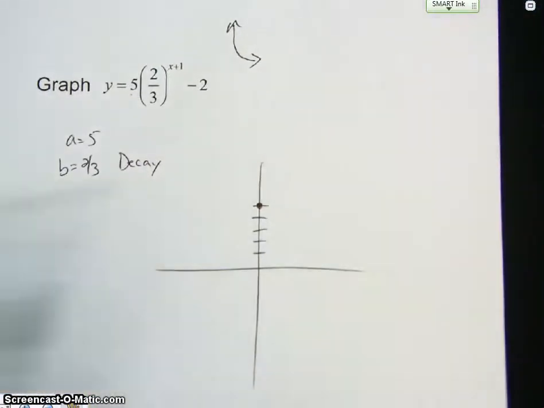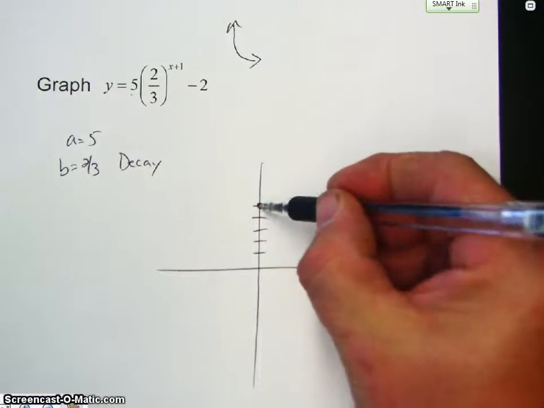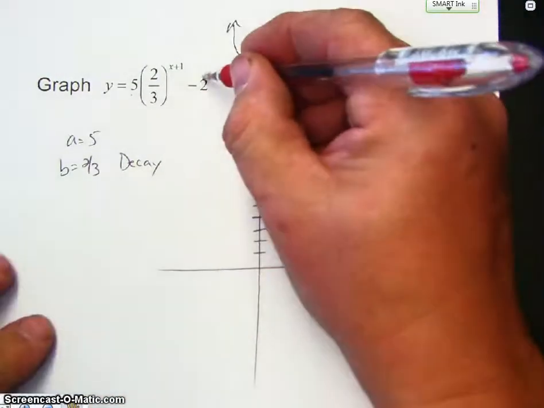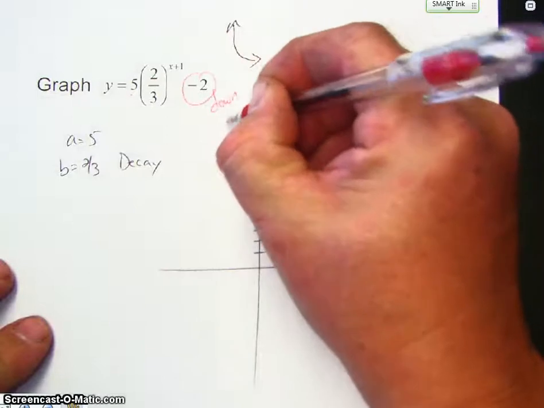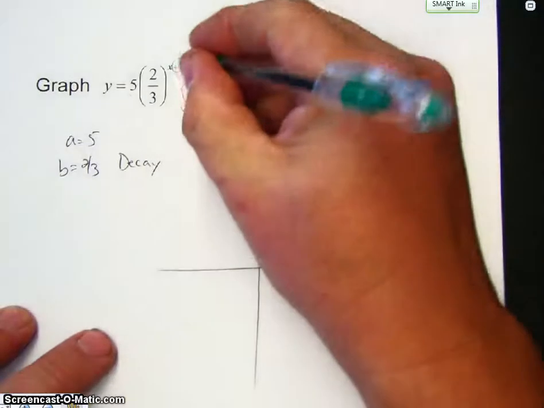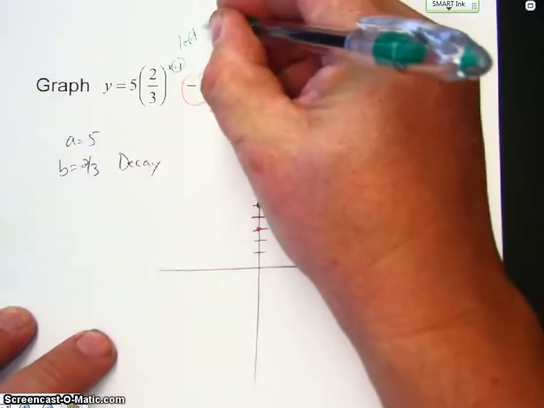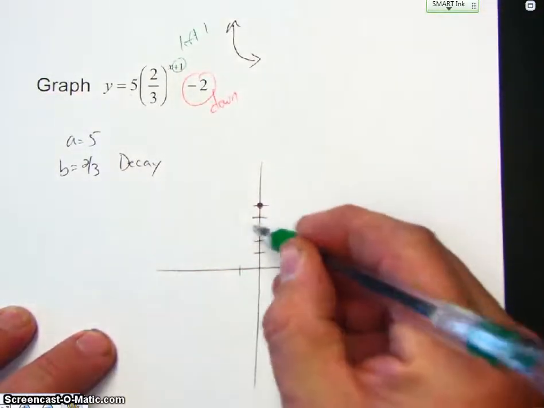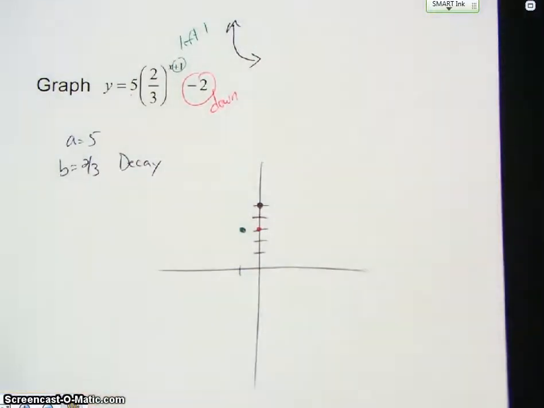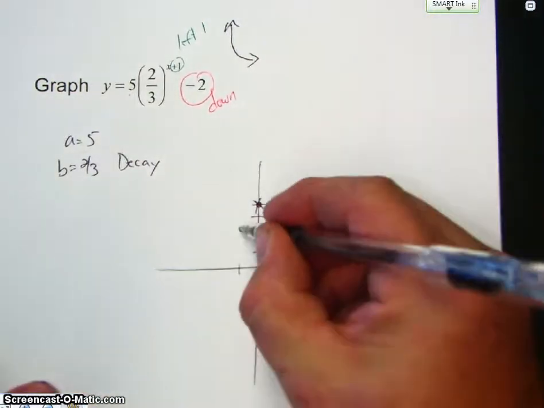Now I'm going to take this point here and move it down 2, so 1, 2, so it's here. And then this says positive 1, so I'm going to go left 1. So now here's the new point. It's no longer this, now it's here.